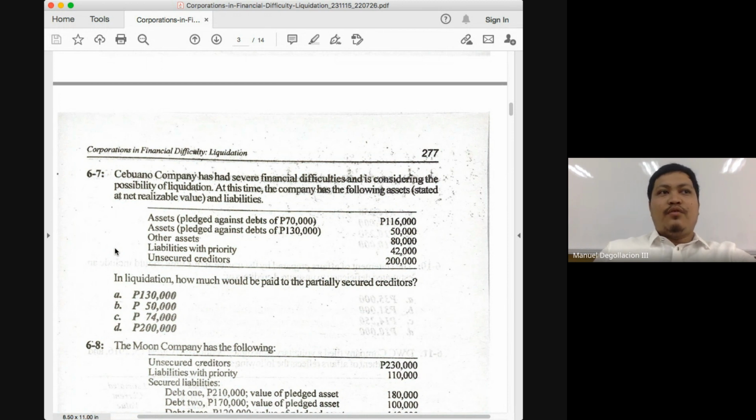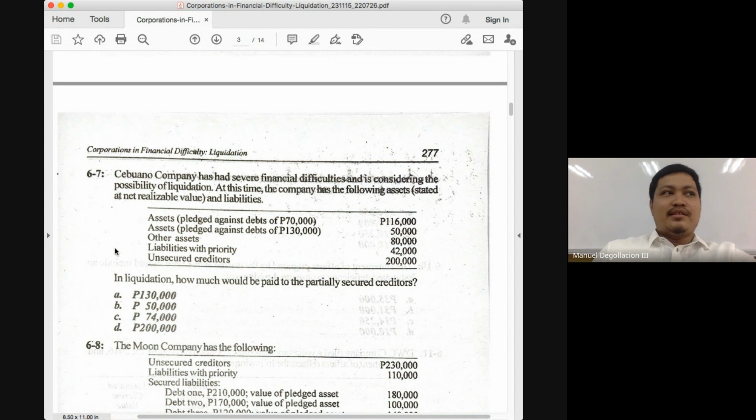Okay? But of course, some problems, class, especially if only one question will be asked, will focus on your partially secured because it will have the longest computation steps. Fully secured, no need to compute. Unsecured with priority, no need to compute. Unsecured without priority, you have to compute, but very straightforward: amount times rate.